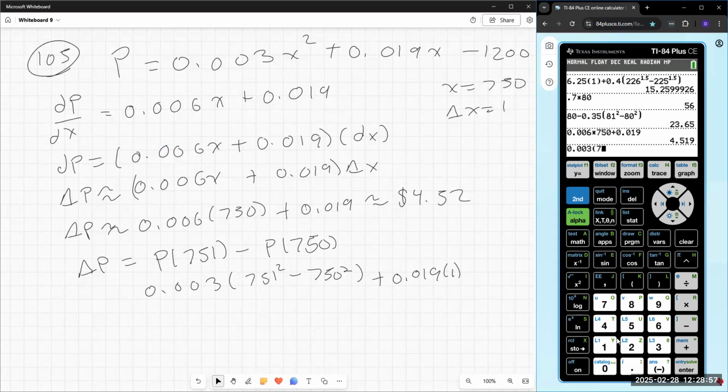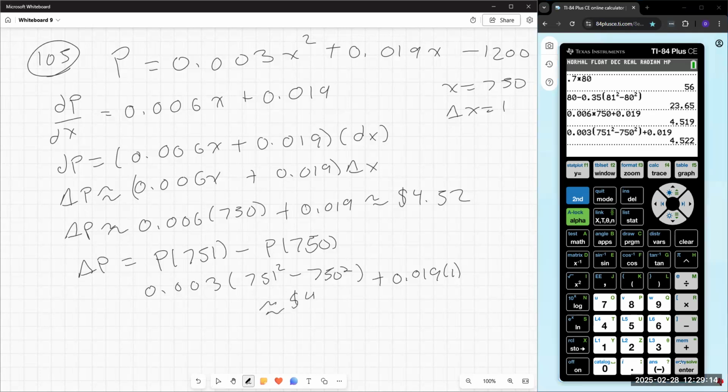It's going to give me 4.52, a difference of nothing. Basically, there's a little difference there that you can see. This one's a little below 4.52 and this one's a little above 4.52, but there's a negligible difference there.